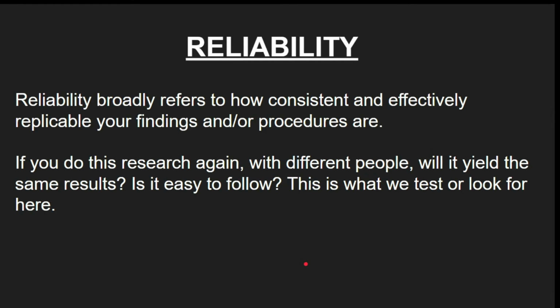Next, we will discuss the second most important term, reliability. It broadly refers to how consistent or how standardized you've been in your procedure and how effectively you can replicate it, right? So you've performed a certain procedure, call it test A. Now, how easy is it to do test A again?